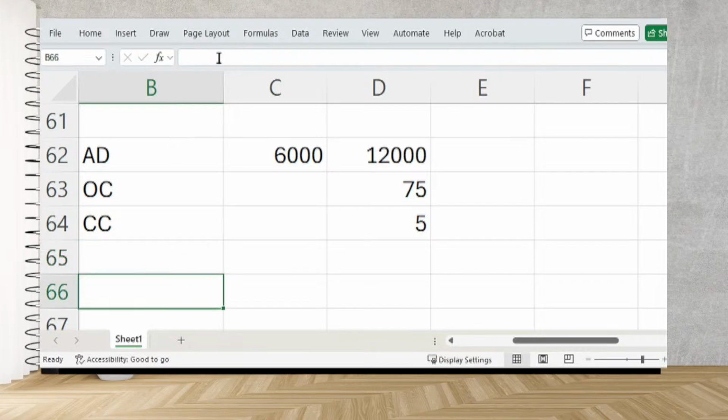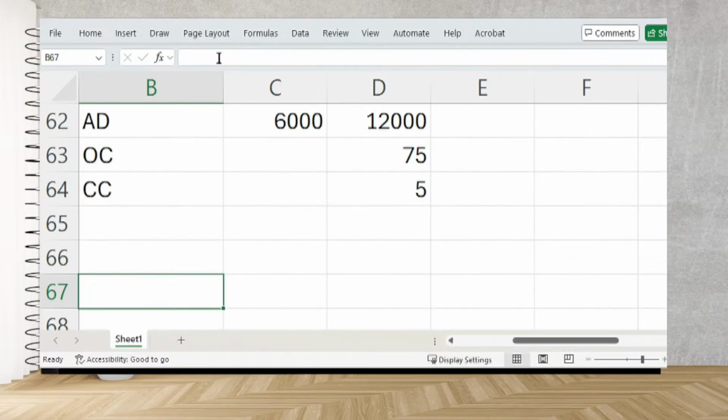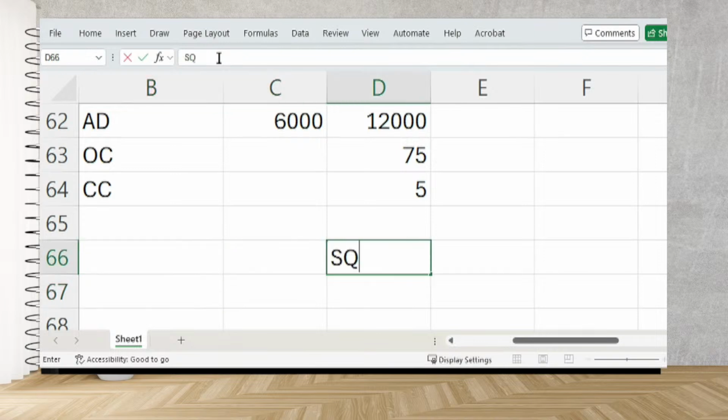After that, square root of 2 multiplied by 12,000 multiplied by 75 divided by 5. So it is 600, not 360.